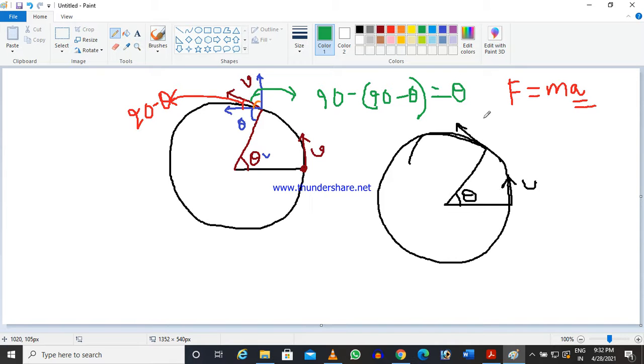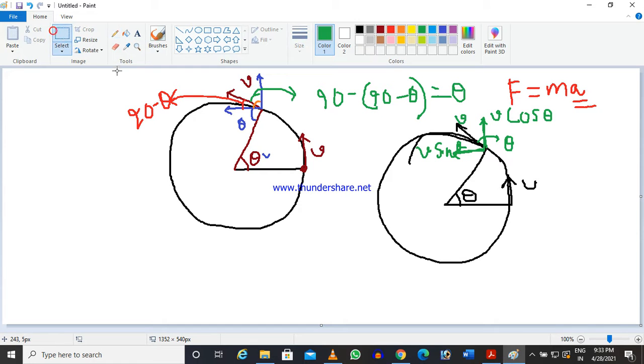Now if I split this velocity into vertical and horizontal components, this is v and this angle is theta. As I told, the component along the side which is attached to theta is the cos component. So along this it should be v cos theta, and along this it should be the sine component, so v sin theta.